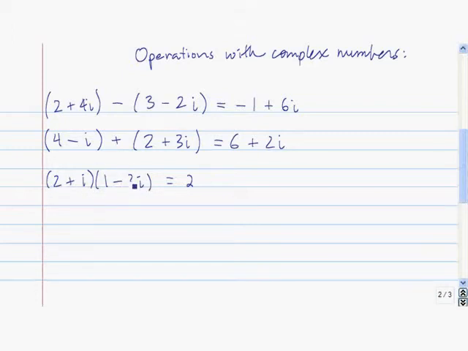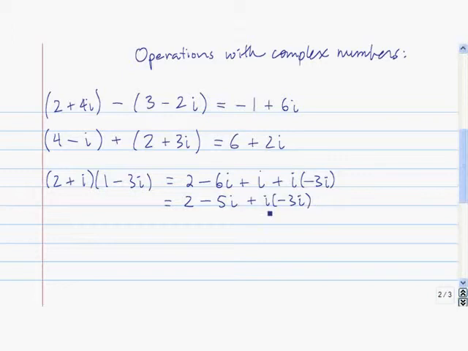So the 2 gets multiplied by the -3 to give us -6, so that's minus 6i, plus i times 1, which is just i, plus i times -3i. Okay, so we can simplify this by starting off with combining the minus 6i plus the i. So that gives us -6 plus 1 is -5, so -5i plus i times -3i.